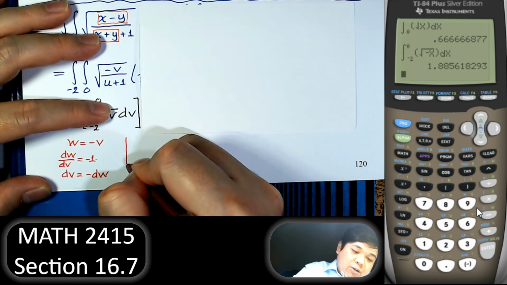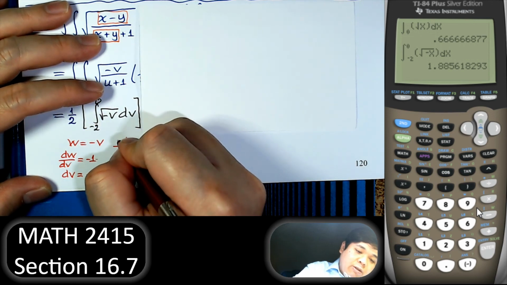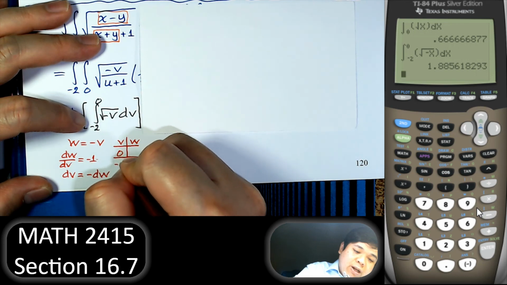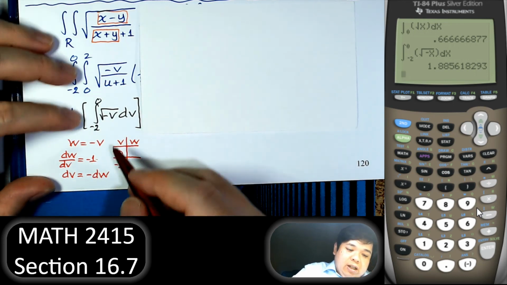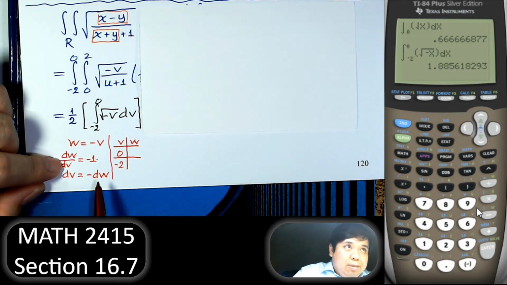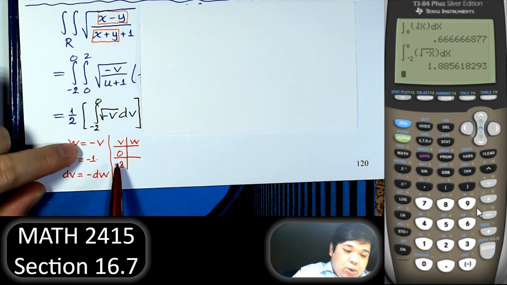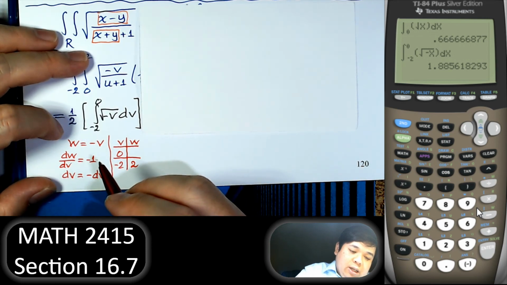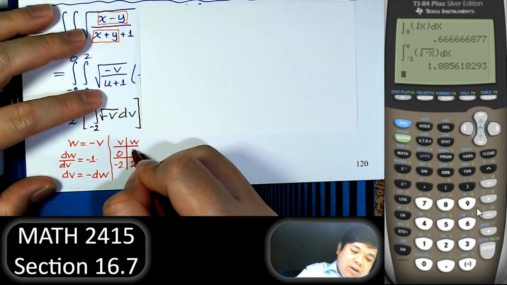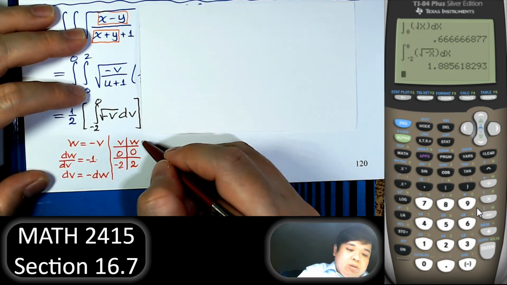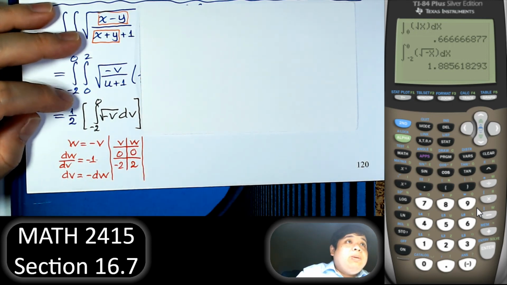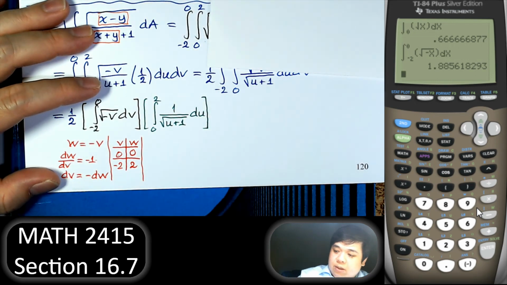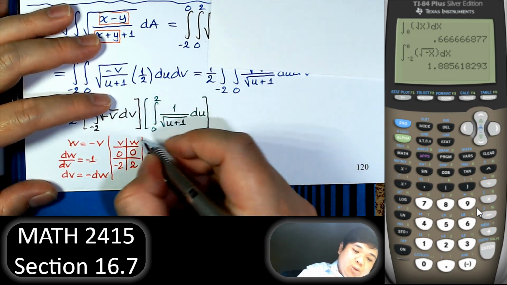And also we have a little table for v and w. V goes from -2 to 0. Substitute in -2 here, we have w is 2. And substitute 0 in here, we have 0. Those are the changes from v to w. Now the other one, let's use z.